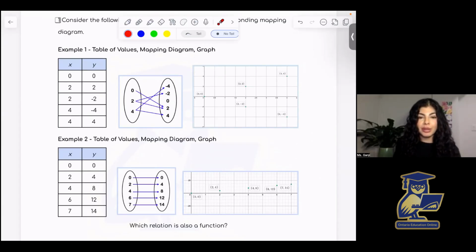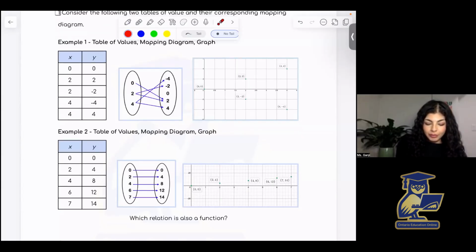Take a moment to look, and based on the definition of function, see if you can figure it out. You should have got that example 2 is our function, because for every input value there's a distinct and only one output value. Whereas here, we see that 4 could be -4 and it could be 4. Same with 2. It could be -2 and it could be 2.